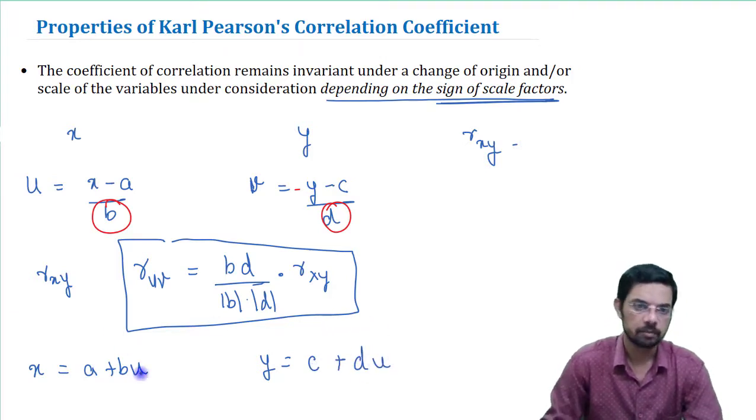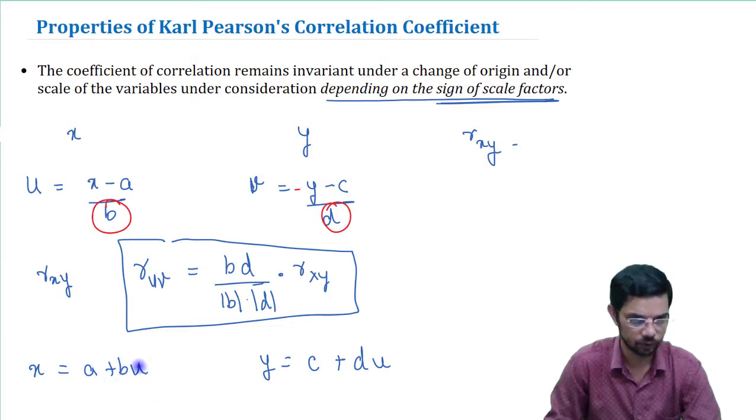In that case b will be the coefficient of u, by taking the coefficient of x as 1. When you express the expression as x equal to something, then b will be the coefficient of u, and d will be the coefficient of v. Sorry, here it should be v. Okay, it is v.